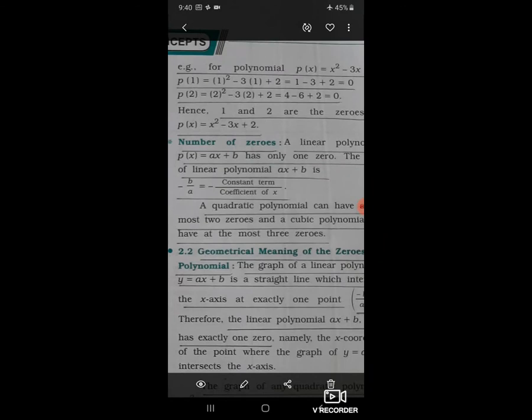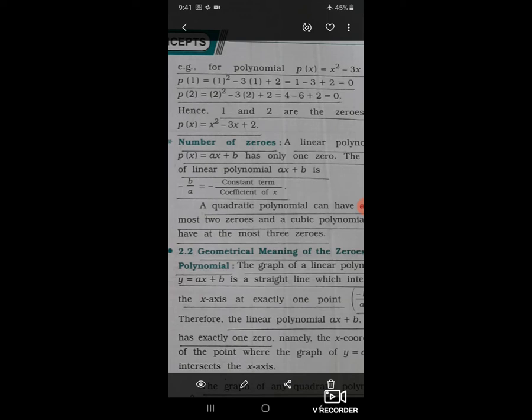the polynomial p(x) = x^2 - 3x + 2. Now substitute the value x = 1. For x = 1, we get p(1) = 1^2 - 3 into 1 + 2 = 1 - 3 + 2 = 0.